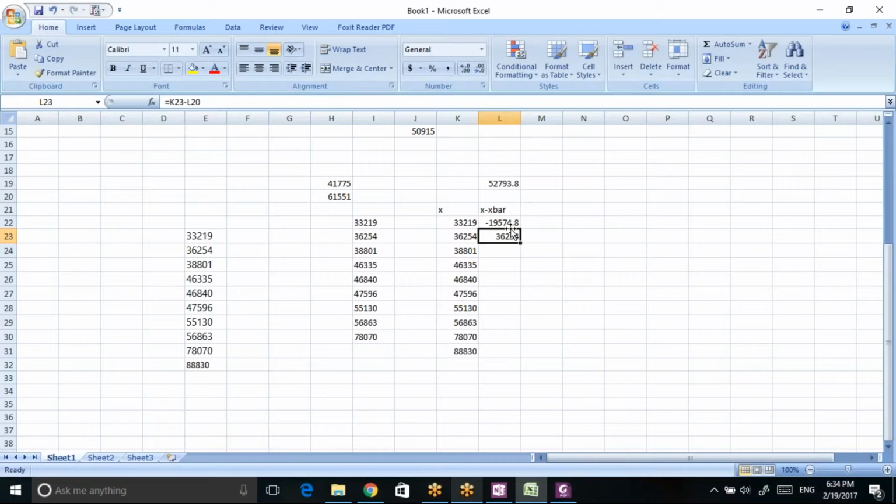So in Excel, we have to freeze this cell, L19, by putting dollar signs like this. Dollar signs mean don't move L19, only move K22. Now if I drag, I will get the correct answers.